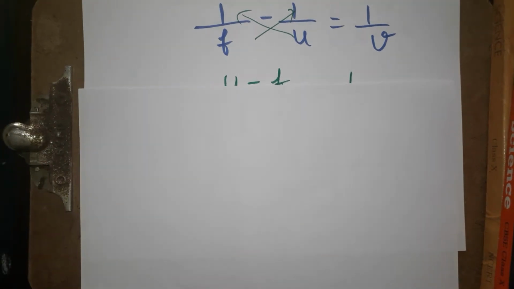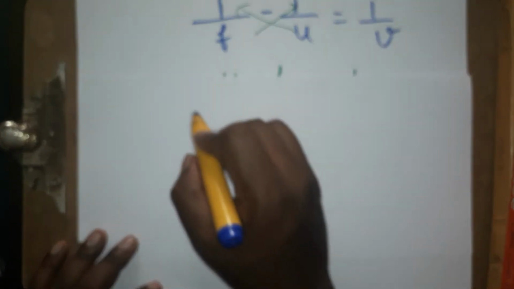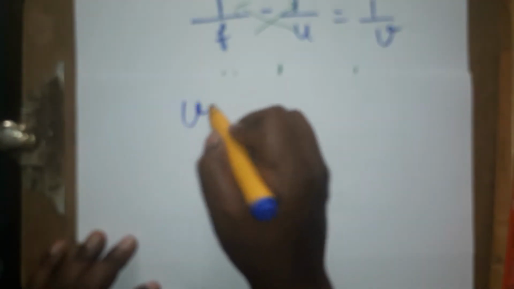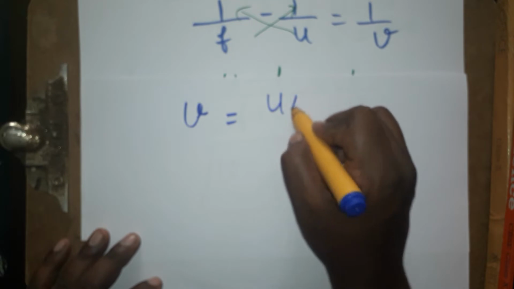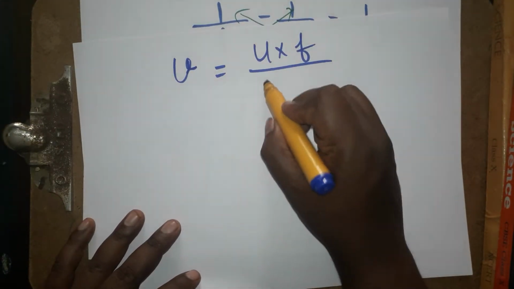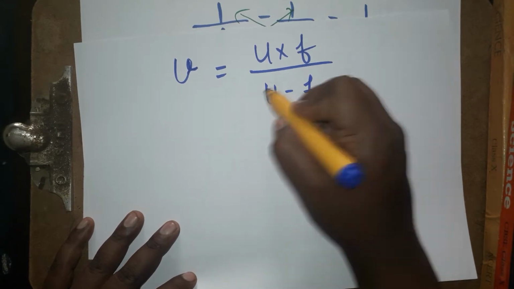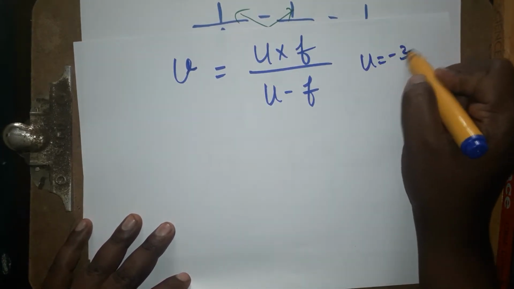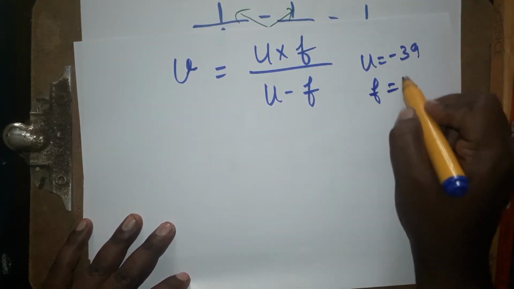First I will find the v distance. v is equal to u into f divided by u minus f. In the first case, u is minus 39 and f is 1 meter.